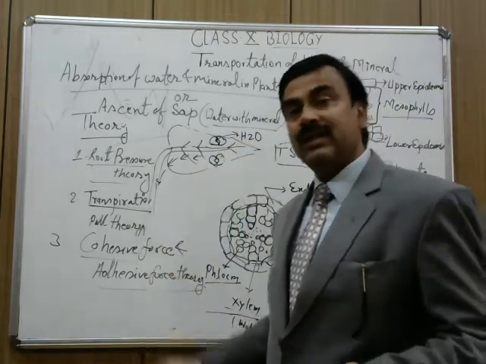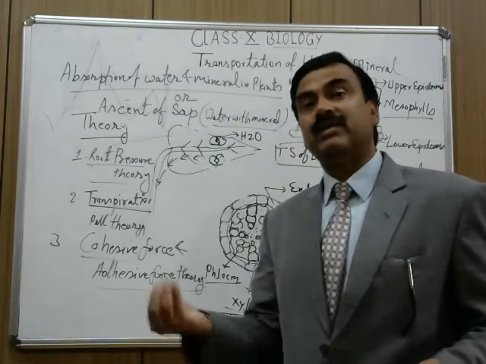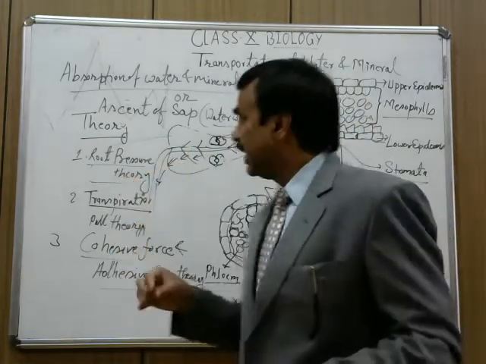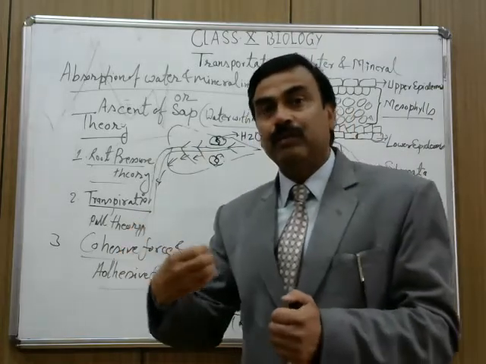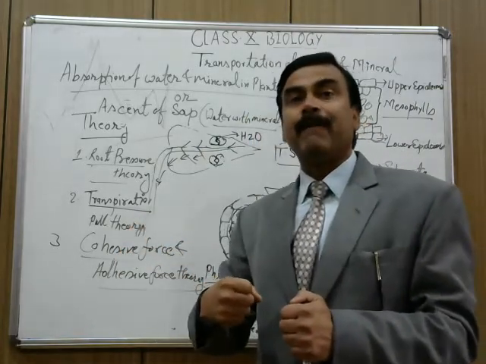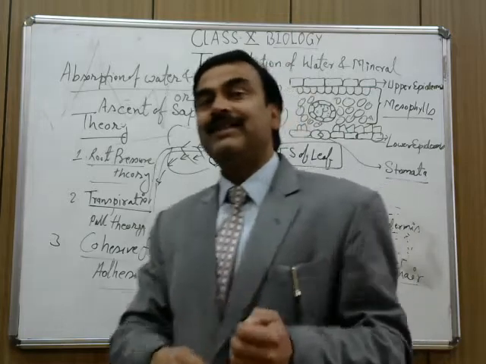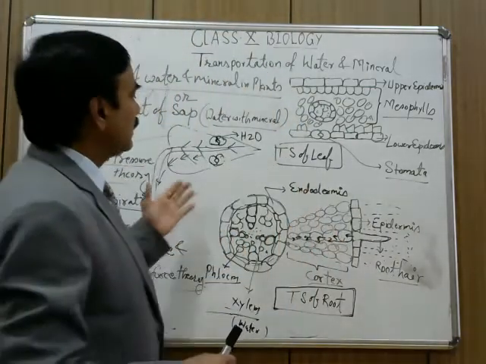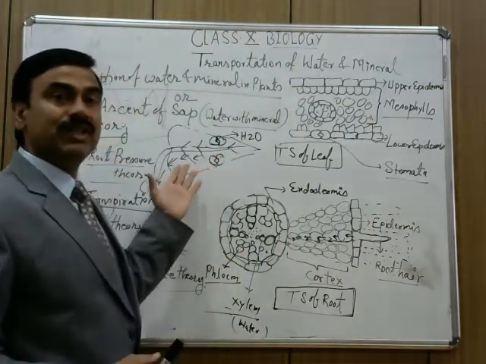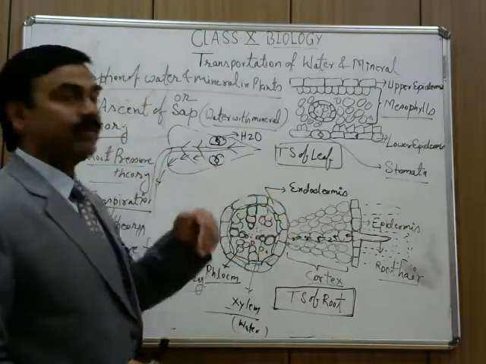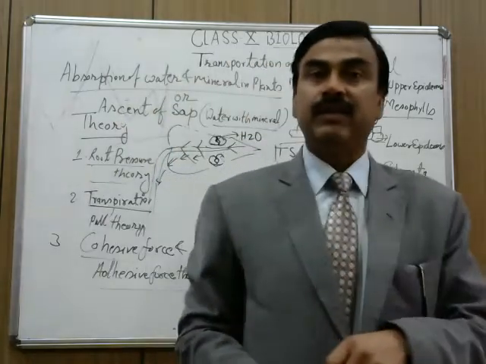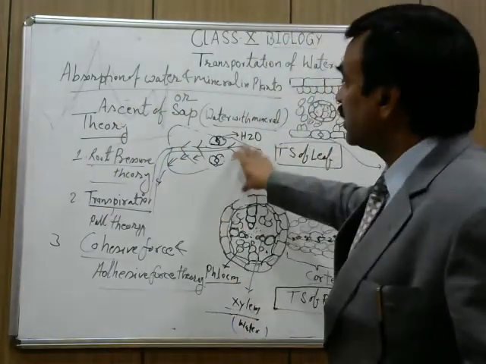Through the root pressure, the root will press the water towards the top, and through the transpiration, an upward pull is also there. So when there is a continuous transpiration process, this absorption of water will speed up. This absorption of water and minerals will be sped up by the transpiration pull.